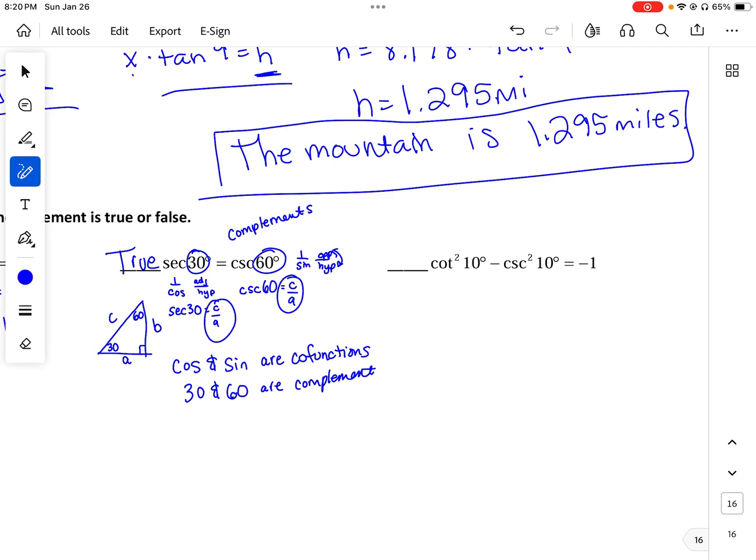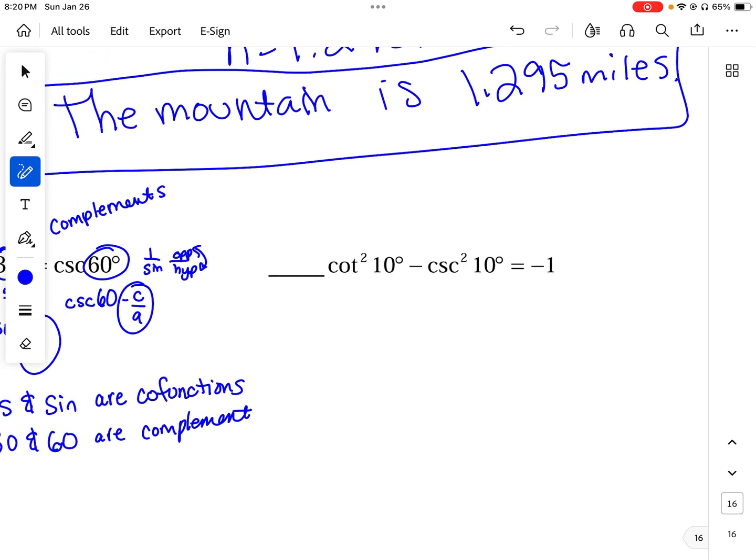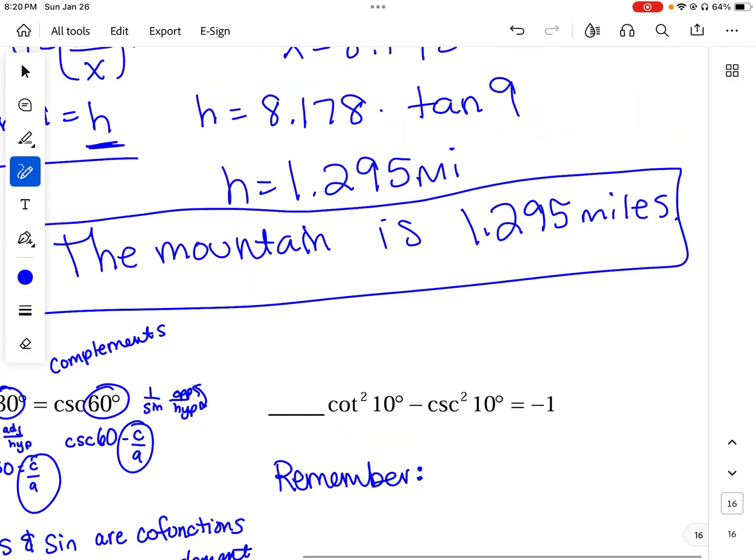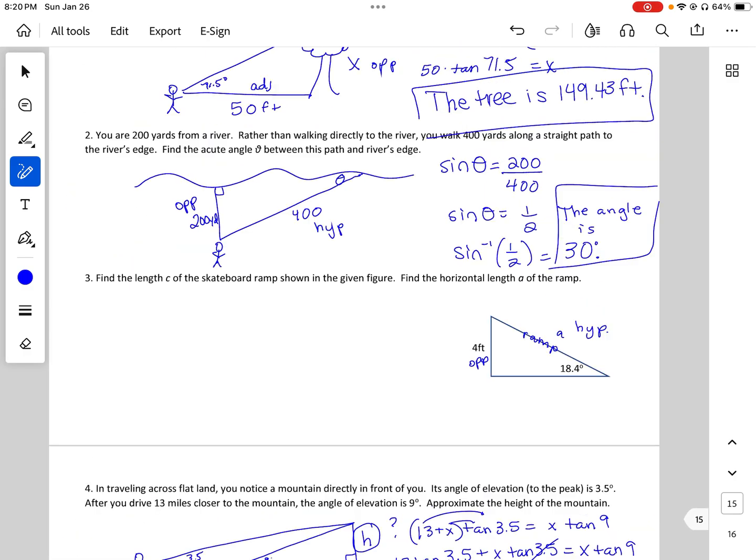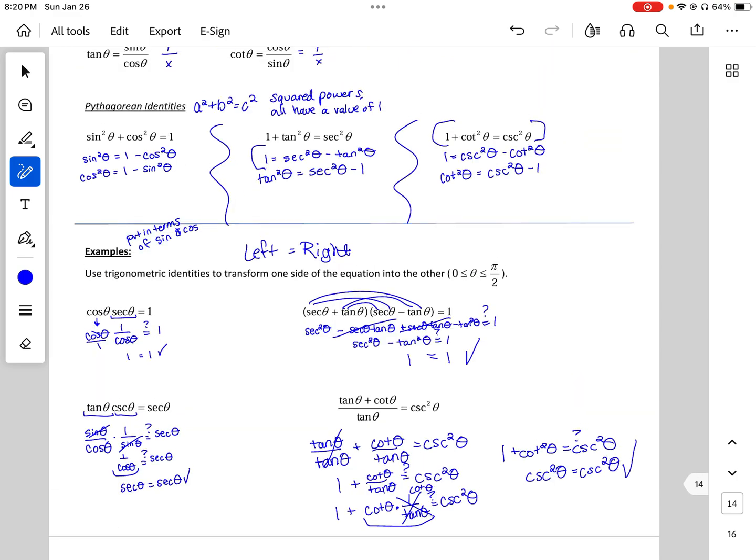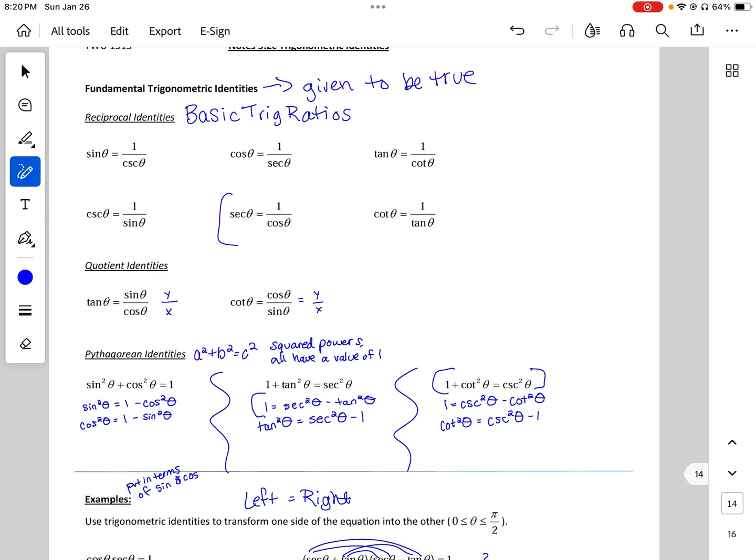Okay, the next one. Cotan squared 10 minus cosecant squared 10 equals -1. All right, remember one of our identities. Let's go up to one of our identities. I'm going to try to find it here. Here we are.